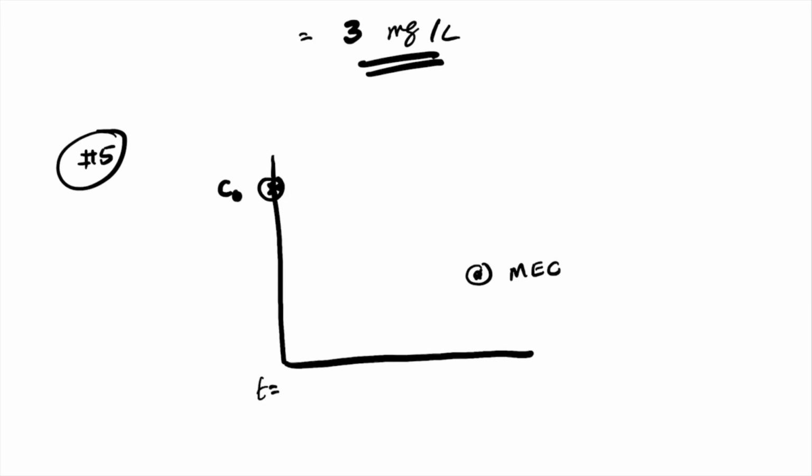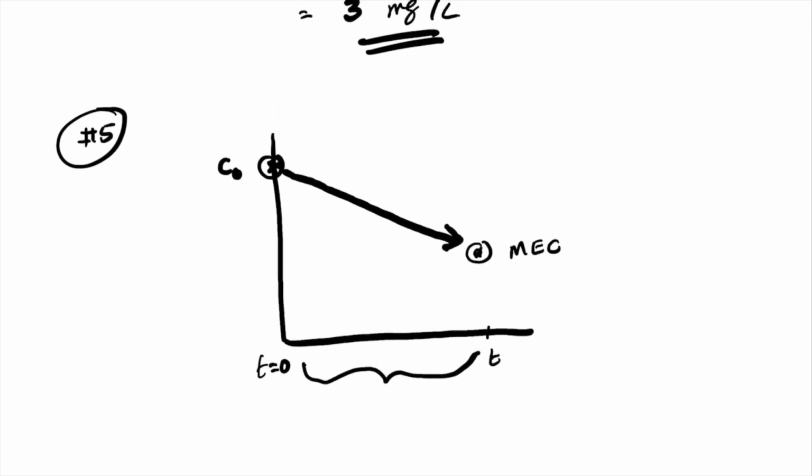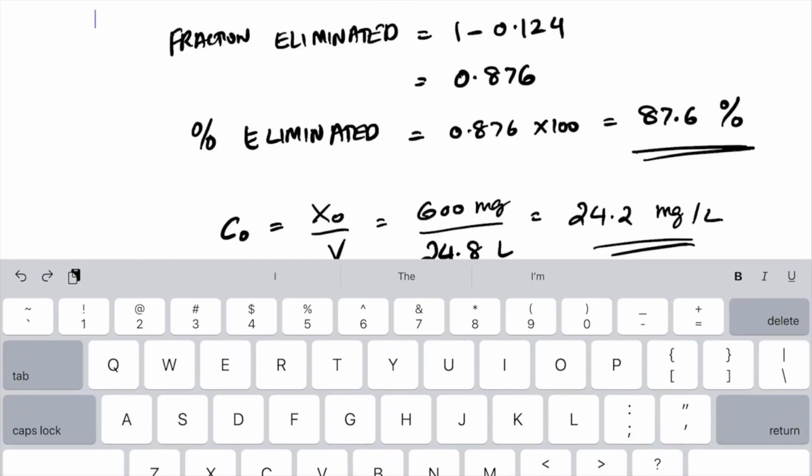That is T equal to 0, and that is T. What we are trying to calculate here is how much time it takes for the plasma level to drop from C0 to that. How can we calculate the C0? Because we are given enough information to do that.